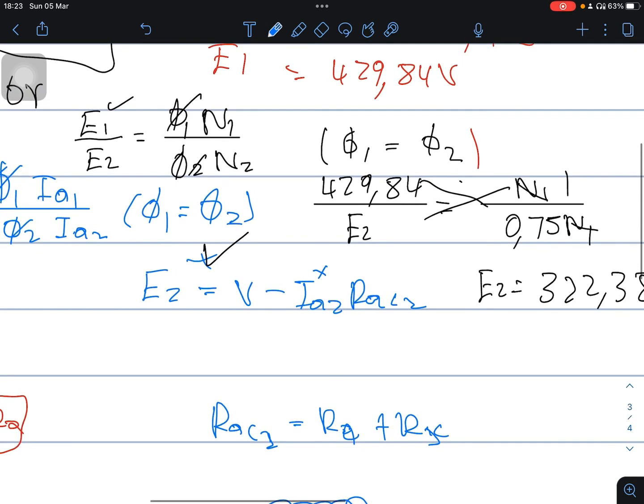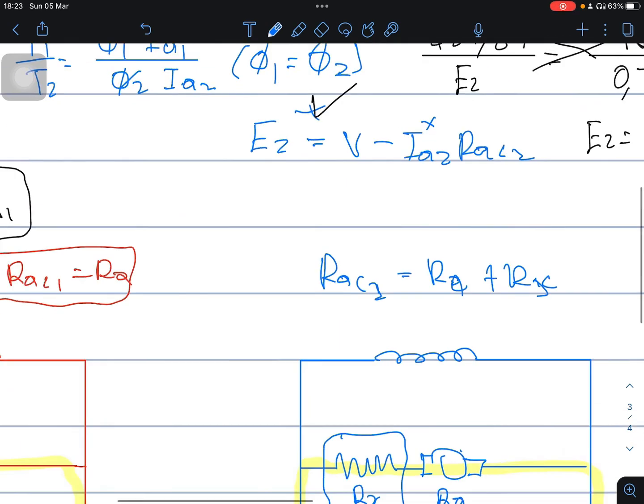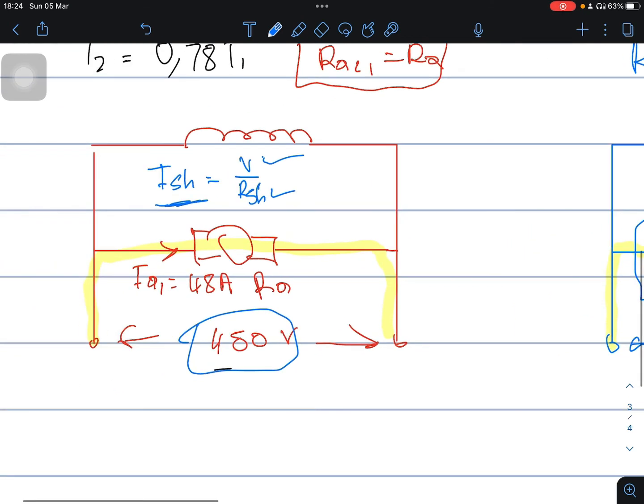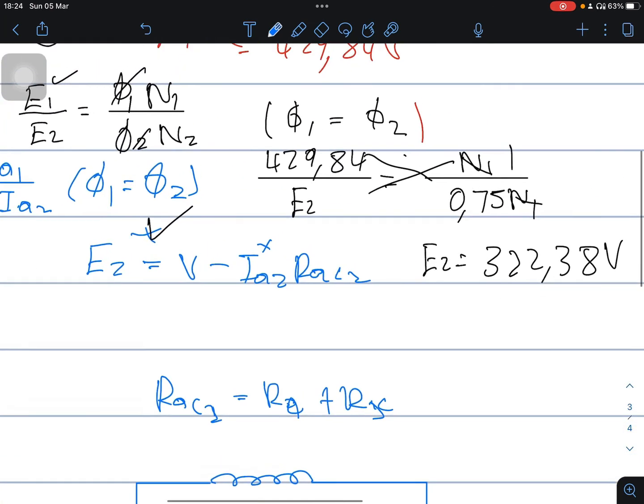Because the field current of the shunt does not depend on the current flowing in the armature, unlike in the series motor, because the series motor carries the same current as the armature. So if the armature draws this amount, the field current changes. That is why the field strength of the series motor changes compared to the shunt.